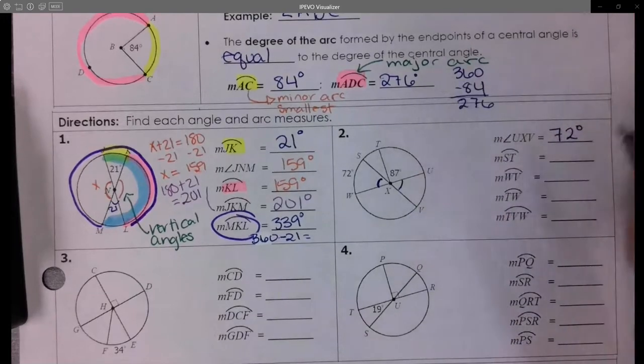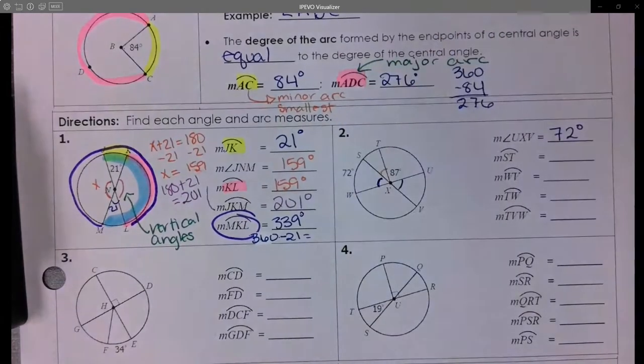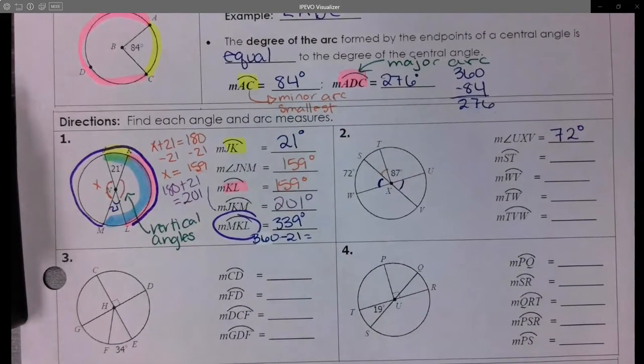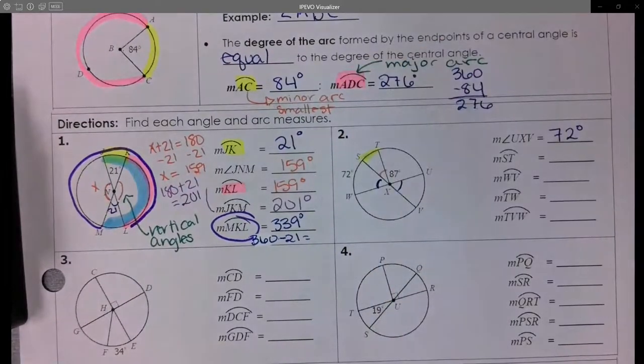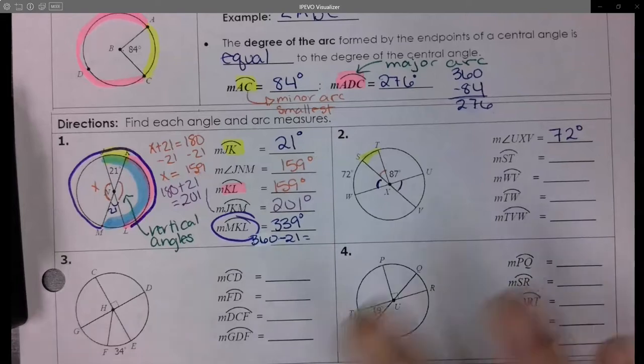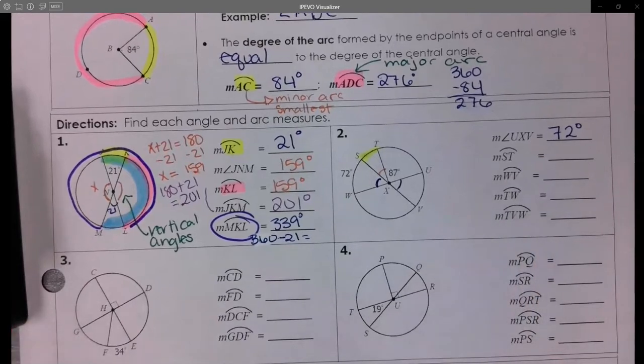Then I have ST, which is this angle right here. It corresponds to that one. It's asking for the arc length, so this piece right here. Any ideas on how I can find that? Close.